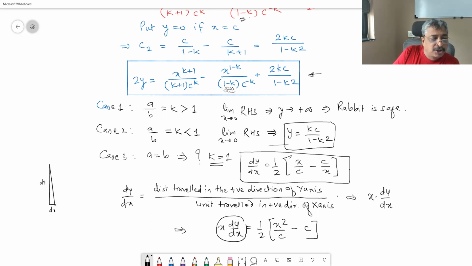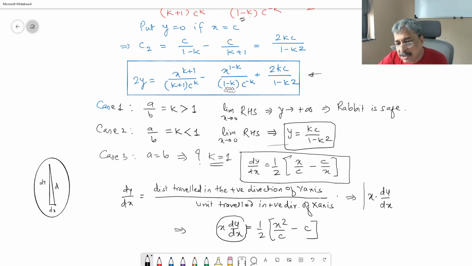At this point the fox is going to be there, at this point the rabbit is going to be there, and the tangent slope is dy by dx, which is correct. So we are interested in this d, which is going to be the radical of this plus this, and using this diagram, when differential x is very small, this is the distance between both of them. That is what I am trying to bring to your notice.